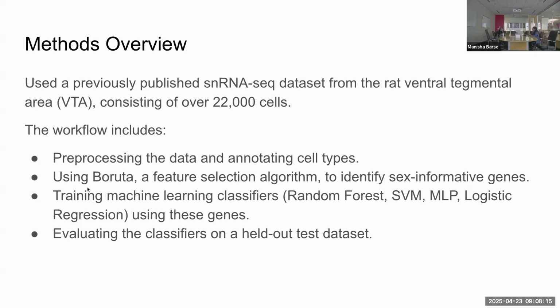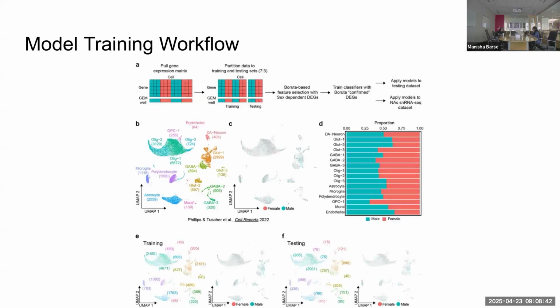Then they use a feature selection algorithm, which I'll briefly explain in a second, and then train machine learning classifiers. They use four classifiers: random forest, support vector machine, MLP, and logistic regression, using these genes. Then you evaluate these classifiers on the test data set.